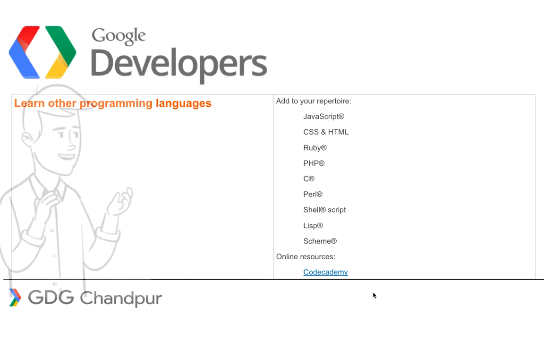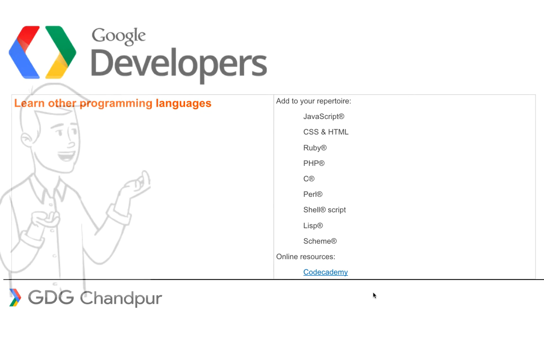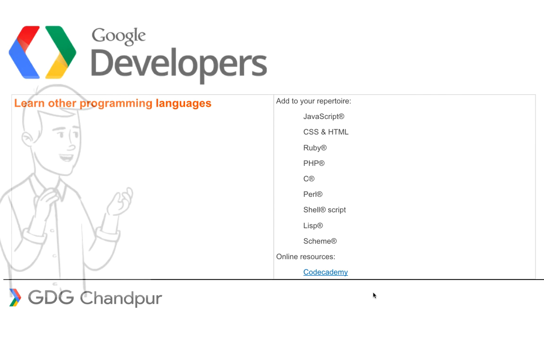Learn other programming languages. Add to your repertoire. JavaScript, CSS and HTML. Ruby, PHP, C, Perl, Shell script, Lisp, Scheme. Online resources.